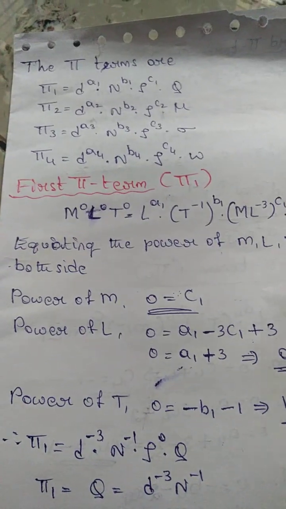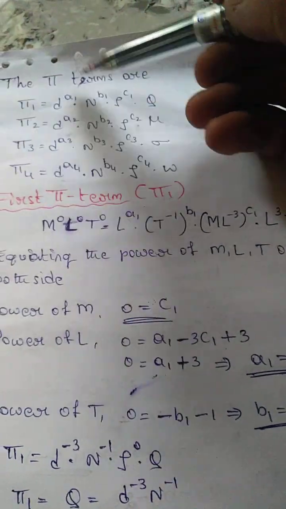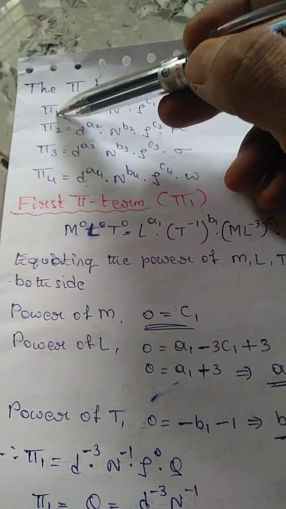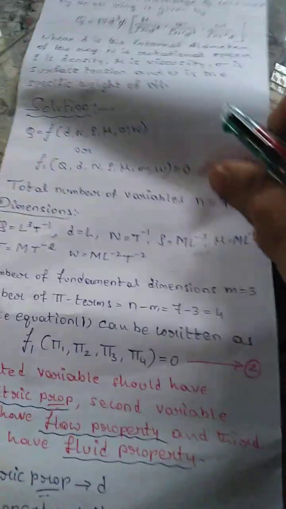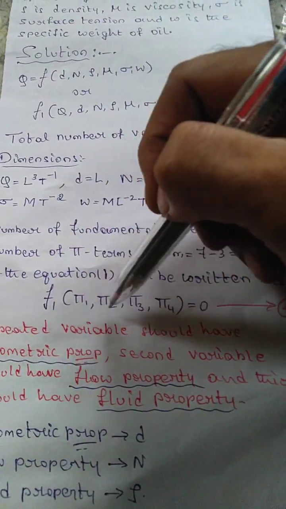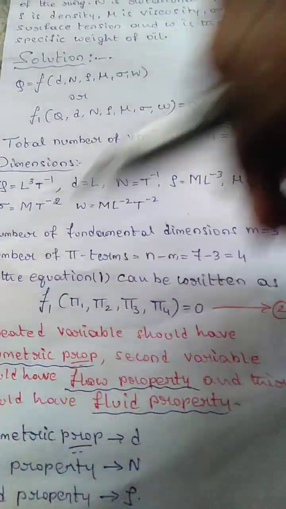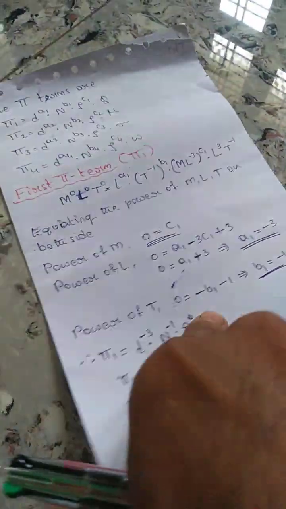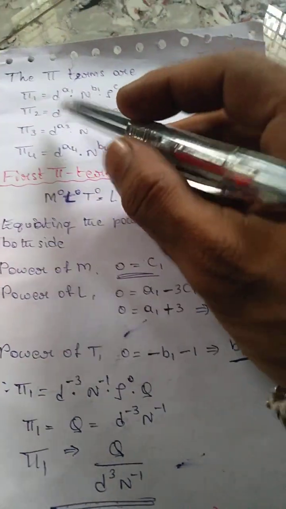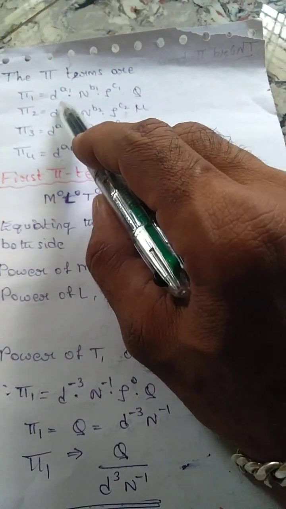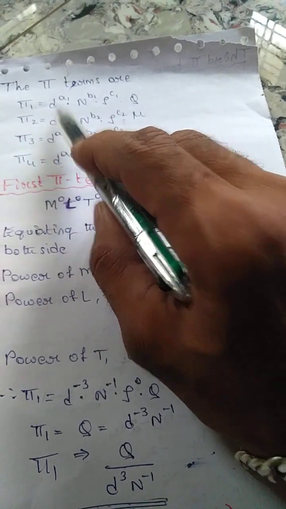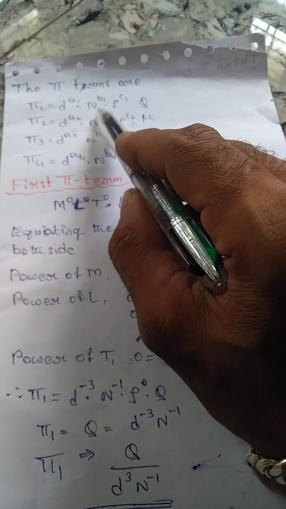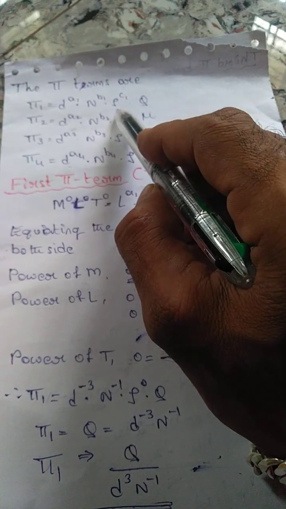So let us write the pi terms first. Now the pi terms: pi 1, pi 2, pi 3, pi 4. We have got 4 terms here because we have mentioned it here. See, pi 1, pi 2, pi 3, pi 4, the functions equated to 0. So initially pi 1, where d, n and rho are the repeated variables.